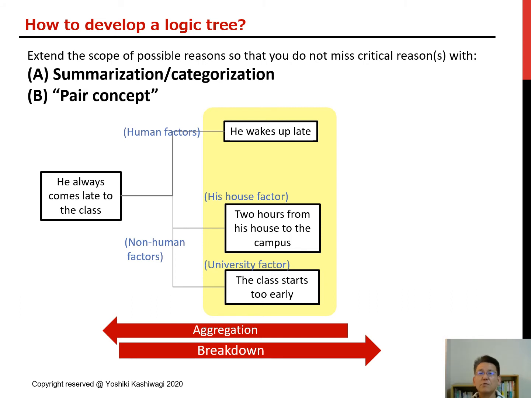Sometimes you can combine these two opposite directions. The goal is, again, to make a simple but messy tree so that you do not miss any critical reason in a tree. That is the goal.